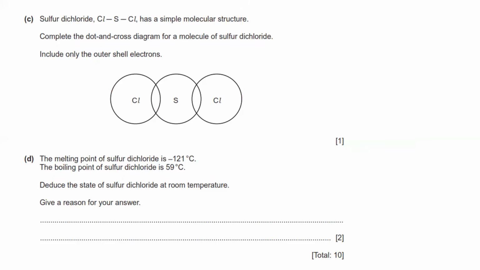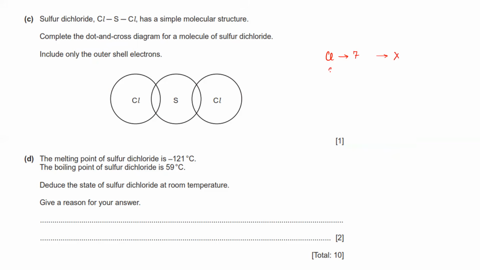Then next part, question number C. It says sulfur dichloride, ClSCl, has a simple molecular structure. Complete the dot and cross diagram for the molecular structure for a molecule of sulfur dichloride. Include the outer shell electrons. Okay, so for chlorine, outer shell electrons are 7, and we'll draw them with cross.